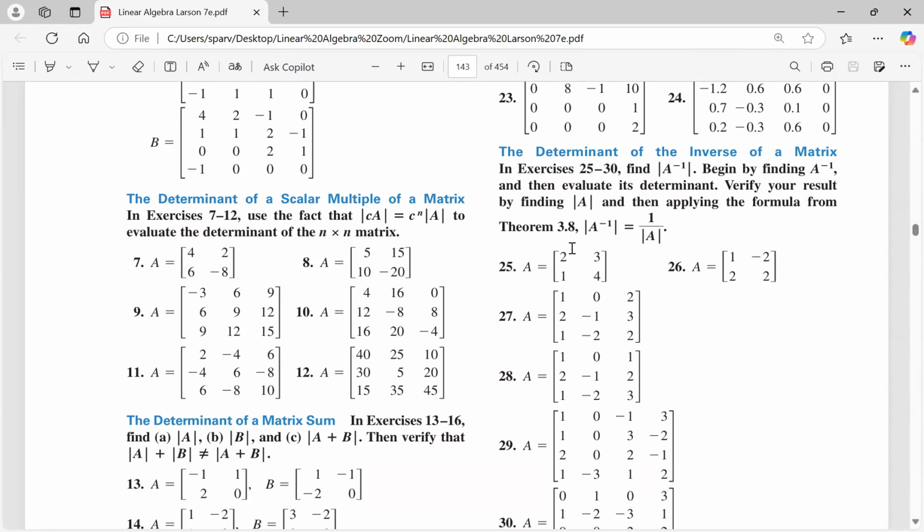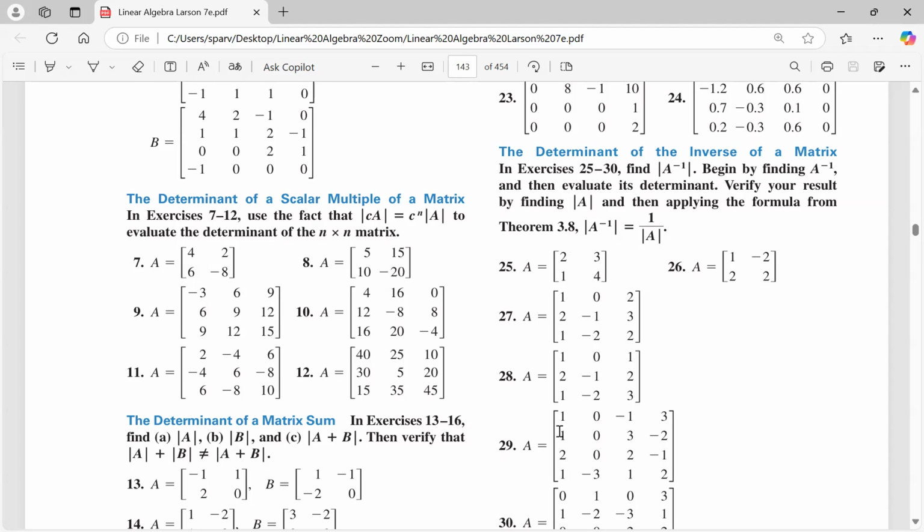So number 26, matrix A, 2 by 2: 1, 2, negative 2, 2. We want to find A inverse and the determinant of A inverse, and verify using 1 over the determinant of A.